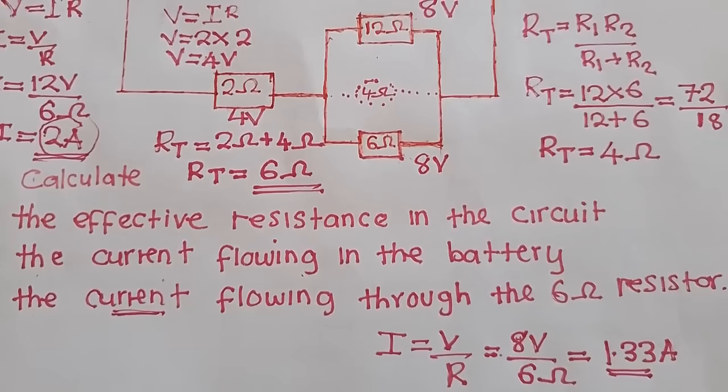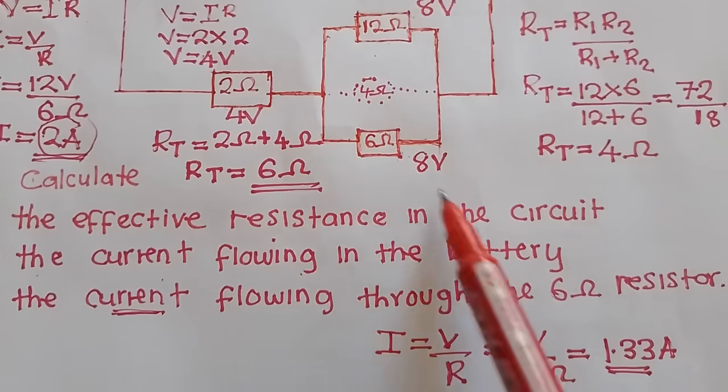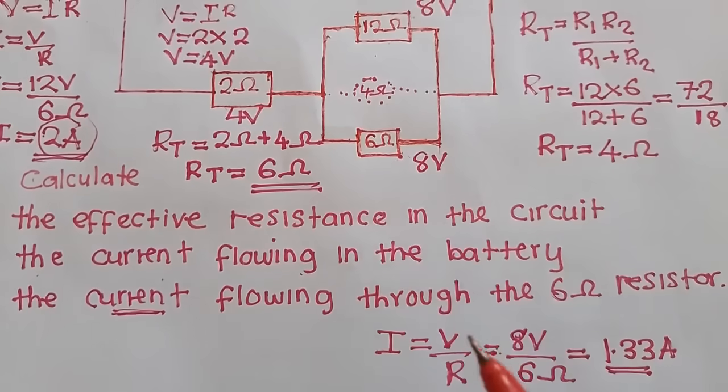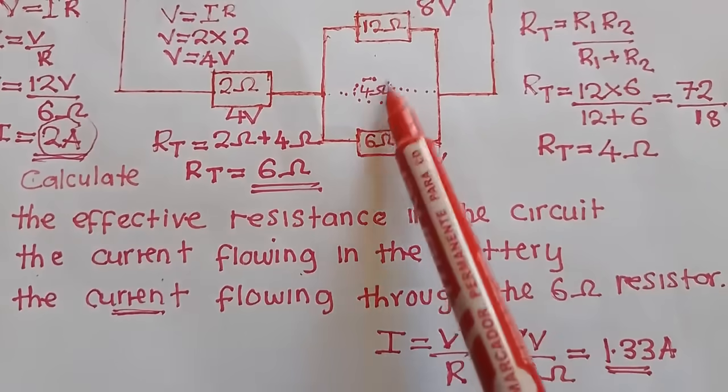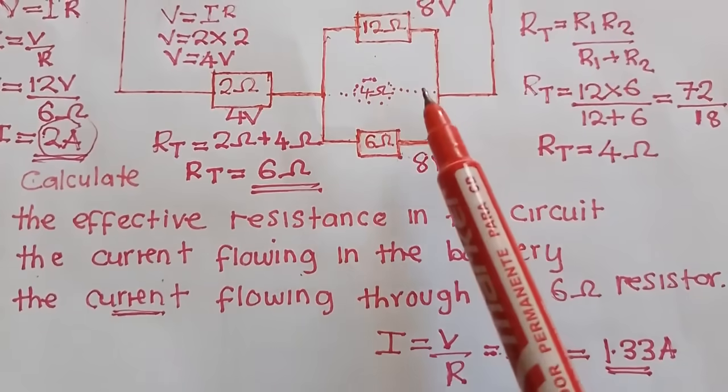So this is what you need to know and understand. This is the current that is passing through the 6 ohm resistor. But if you are also told to find the current that is passing through the 12 ohm resistor, you just need to do the same thing.